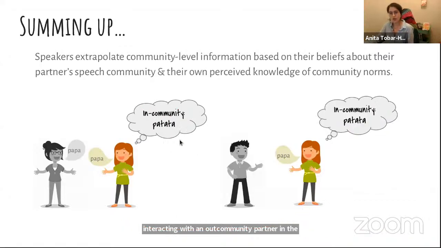But this did not happen when they interacted with an in-community partner, presumably because of their previous experience with other in-community partners, right? So since they had lots of experience with in-community partners, this recent interaction with an in-community partner did not update their knowledge of their own community norms or views to the extent to alter their behavior.